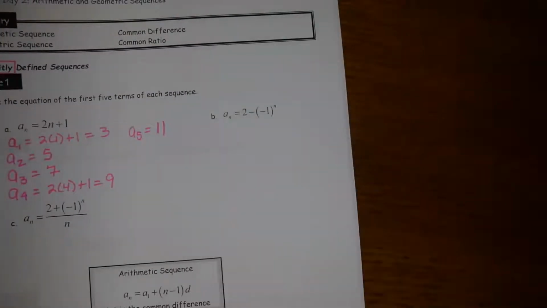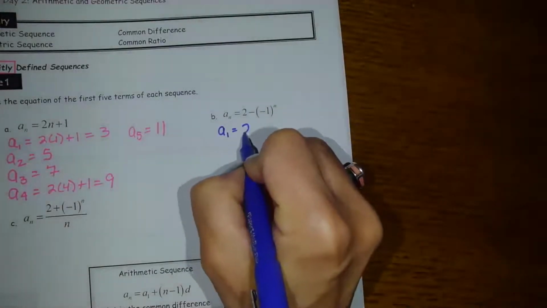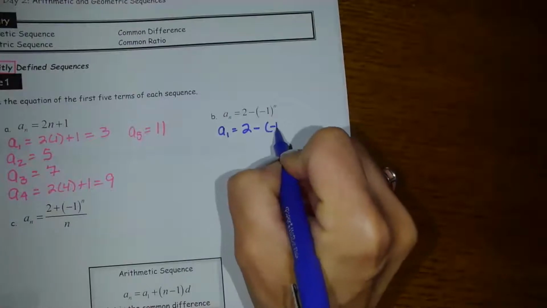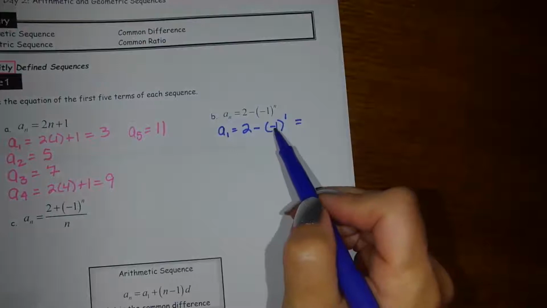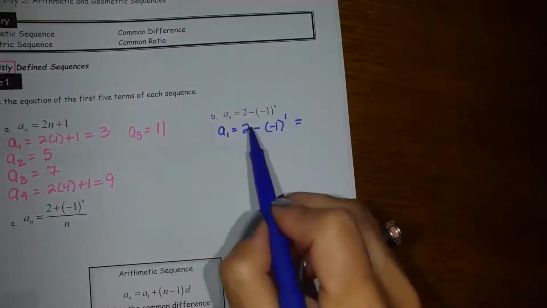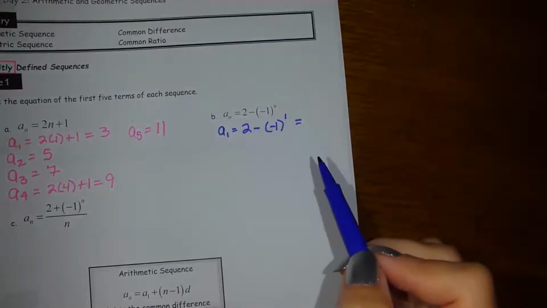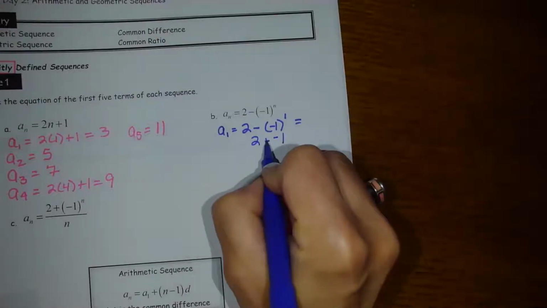Okay, let's look at B. What happens with this little guy? Well, A1. And I'm going to write these out because this one's a little trickier. So what is that? Negative 1 to the 1 is what? Negative 1, right? And 2 minus negative 1 is really 2 plus 1.